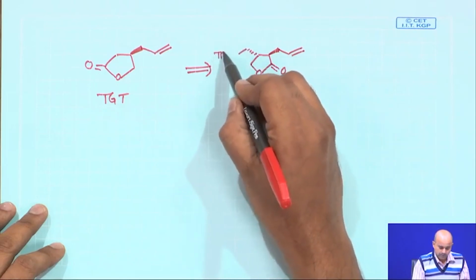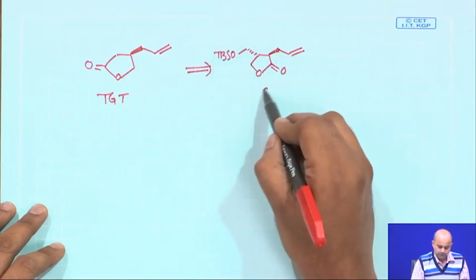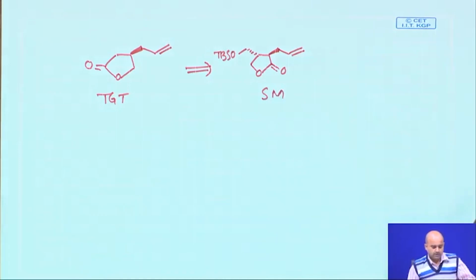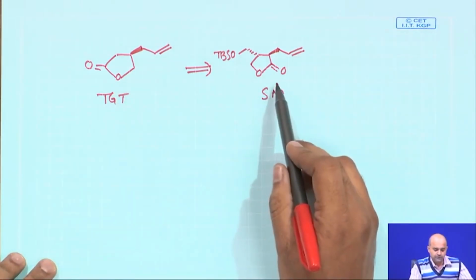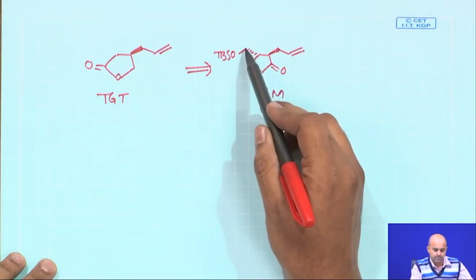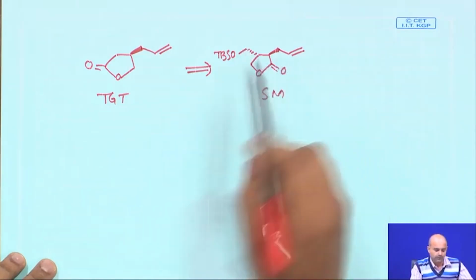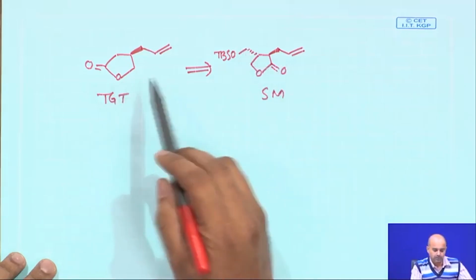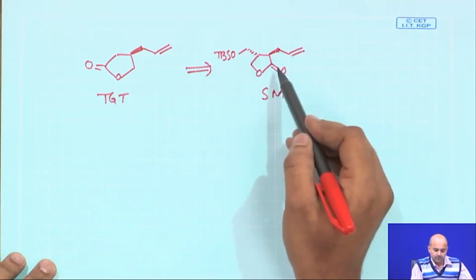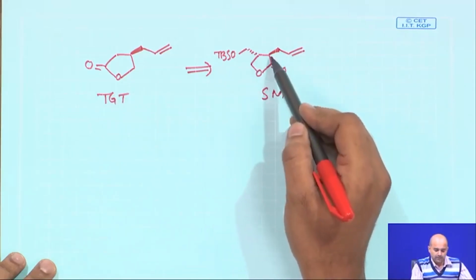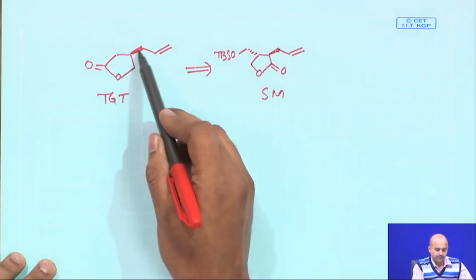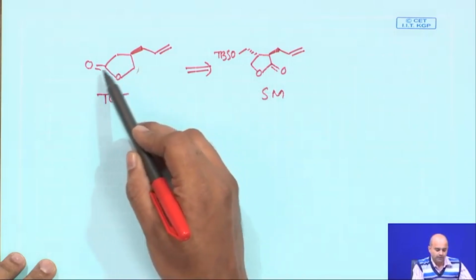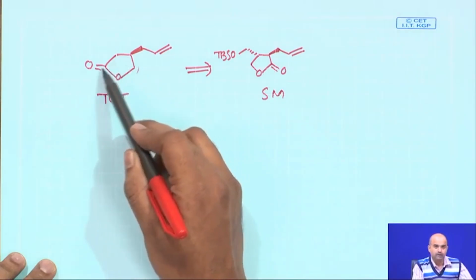I say the starting material which I will be giving to you is this starting material. Now, you try to correlate that this starting material is having some extra group or additional appendage like this TBS group, which was not present in the target molecule, as well as you see this ketone having an allyl appendage here, but in the final product this allyl appendage is somewhere one carbon away from this ketone.